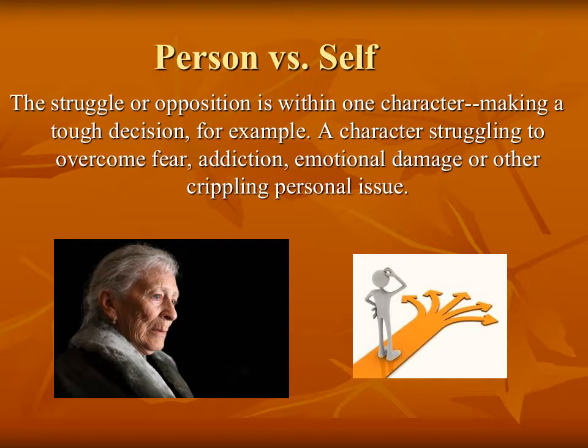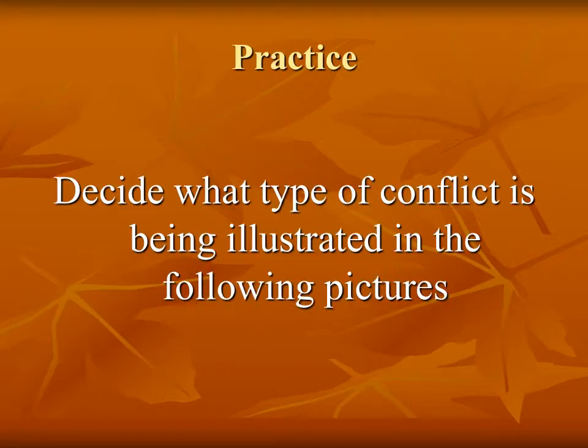In other words, person versus self is when a character is in an indecisive situation, when a character is struggling to overcome fear, addiction, emotional damage, or some other crippling personal issue. We can say that they are in internal conflict and that that conflict is labeled as person versus self.